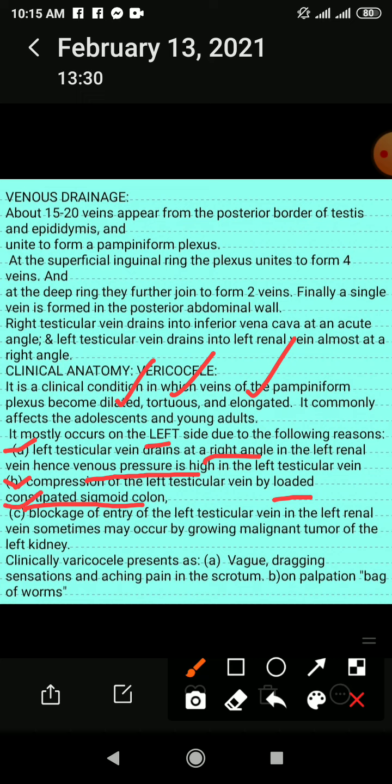As well, the entry of the left testicular vein may be blocked by left renal malignancy. Any tumor of the left kidney may compress the left testicular vein and contribute to the production of varicocele.